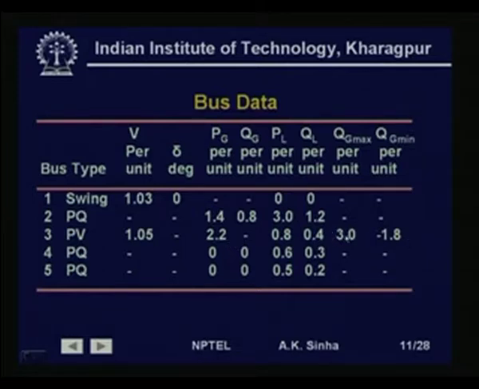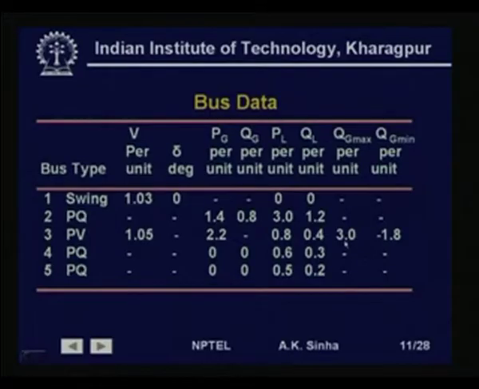And one more thing which is specified at this bus is that most of the generators will have limits on reactive power generation. So, QG max and QG min are also specified here. QG max is 3.0 per unit, QG min is minus 1.8 per unit, that is, the generator can act both in providing reactive power as well as absorbing reactive power.